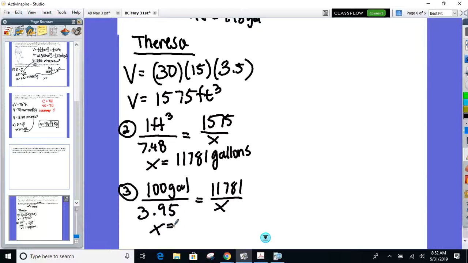We are talking money, so you don't need a full decimal, but to the nearest cent: $465.35. Teresa will be charged.